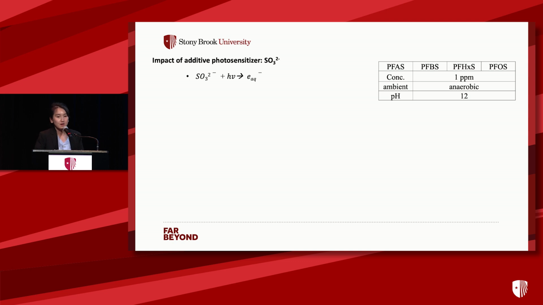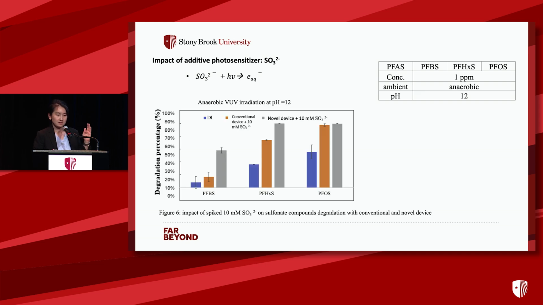So we further introduced additives, hydrated electron photosensitizers, into the system. We see clearly for PFBS, for example, when we add the external photosensitizer sulfite, the PFBS degradation in the orange bar is clearly higher than in the optimized condition without the photosensitizer.